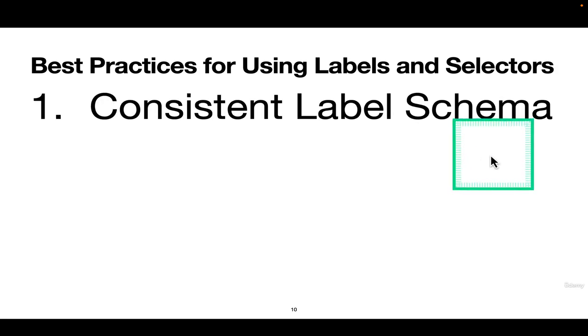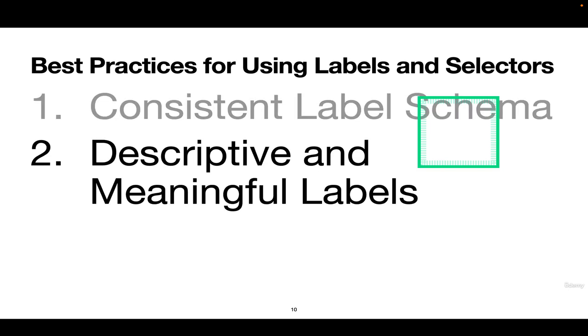So best practices for using labels and selectors. Consistent label schema: maintain a consistent label schema throughout your Kubernetes cluster to ensure ease of management and avoid confusion. Descriptive and meaningful labels: use descriptive and meaningful labels that are easily understood by your team.